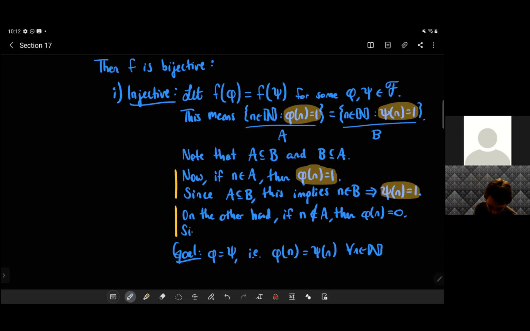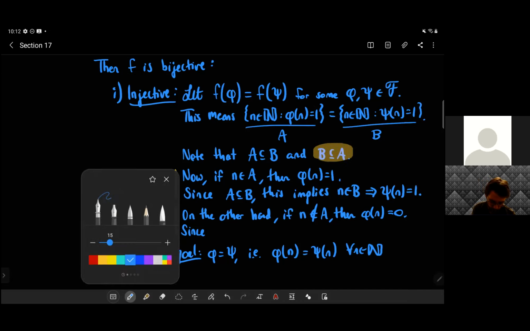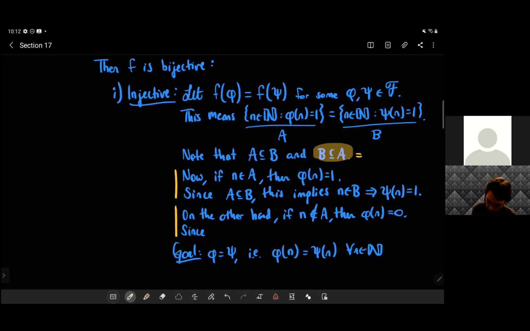And then I'll say since, well, let me erase some of my highlighting. It's getting out of hand. Since B is a subset of A, you might remember actually that this implies the reverse inclusion for complements, N minus A contained in N minus B. You can draw a nice Venn diagram for that.